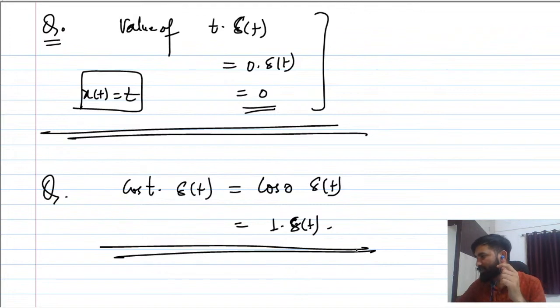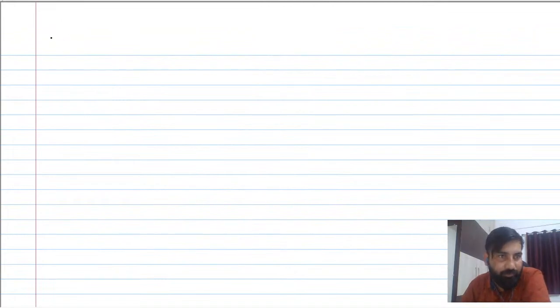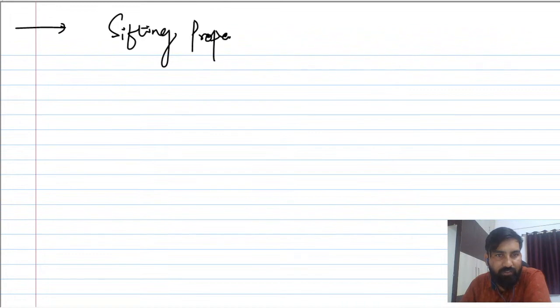Now there is a property we call the shifting property, or sometimes also the area property.